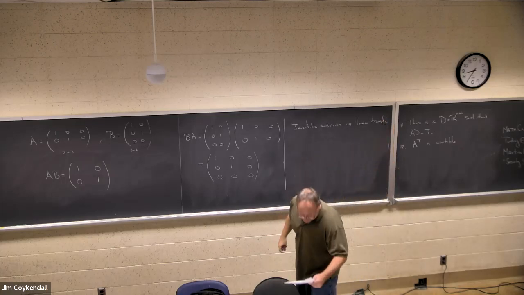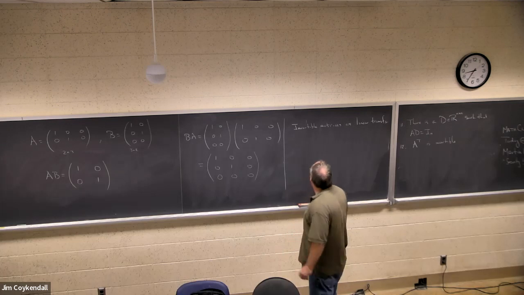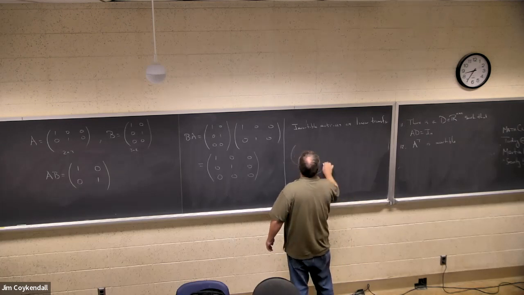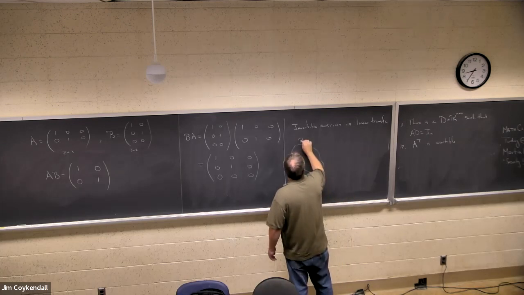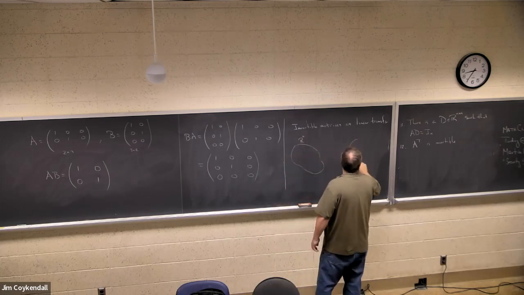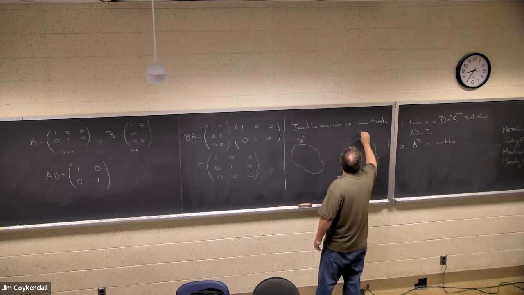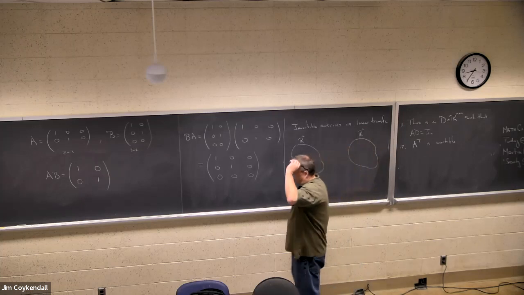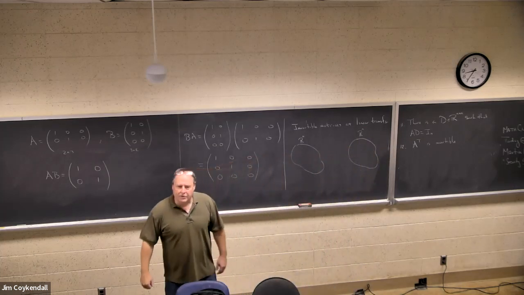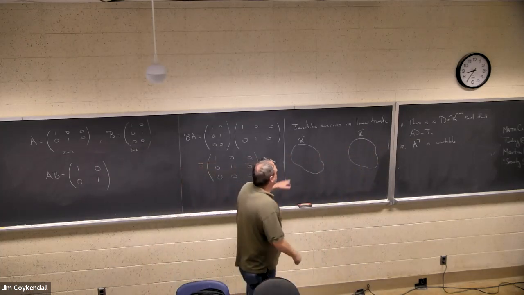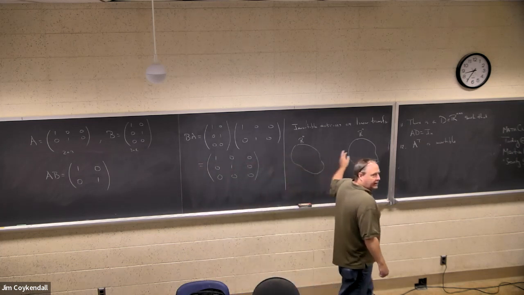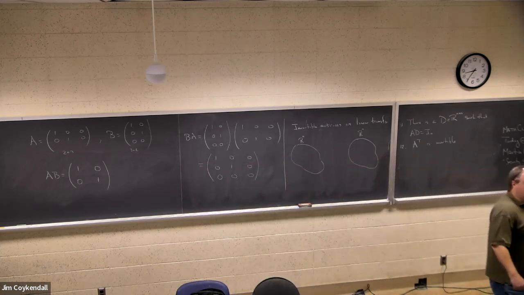Okay, so what a linear transformation was, if you remember, is a function from Rn to Rm.